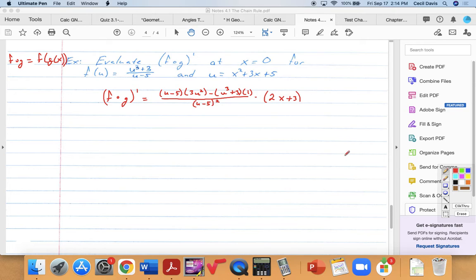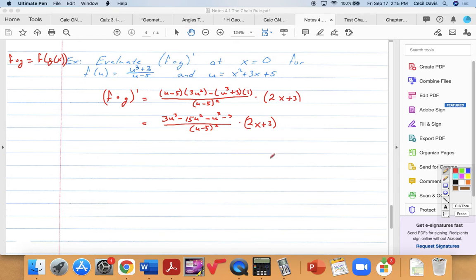Now, you can, if you want to, do several different things at this point. I do a little bit of cleaning up for this quotient, and I leave this alone for the time being. So that's going to be equal to 3u to the third minus 15u squared minus u cubed minus 3. Be sure to distribute the negative sign, over u minus 5 quantity squared times the quantity 2x plus 3.